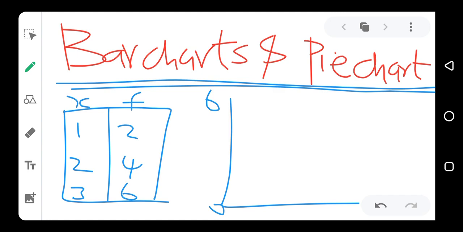Now the x values are going to take the horizontal line. We call this place 1, 2, and 3. Now to represent the bars, since the highest place is 6, let's number the vertical side 1, 2, 3, 4, 5, and then 6.